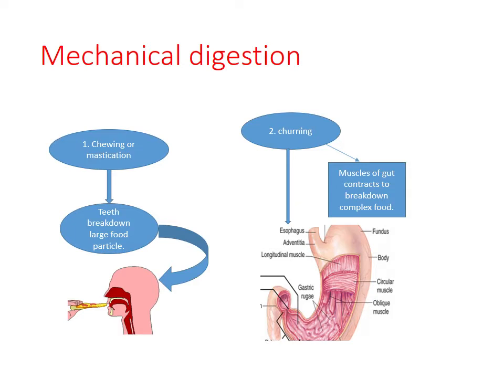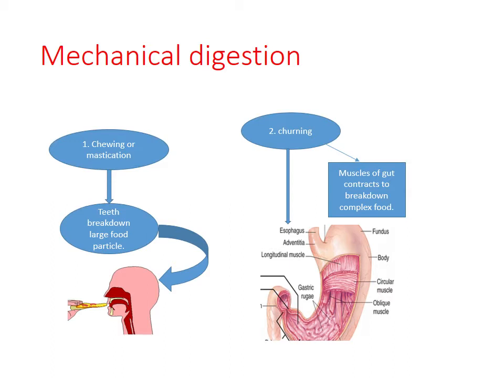Consider you have a stomach that contains circular muscles, oblique muscles, and longitudinal muscles. The presence of food in the stomach causes those muscles to contract in order to break down the complex food substance, and it then mixes the food with the digestive juices, that is the gastric juice, and converts that food to form what we call chyme that will enter into the duodenum to complete the digestion of the food.